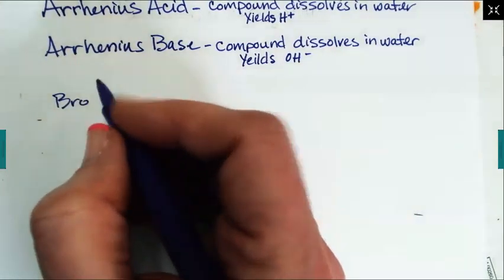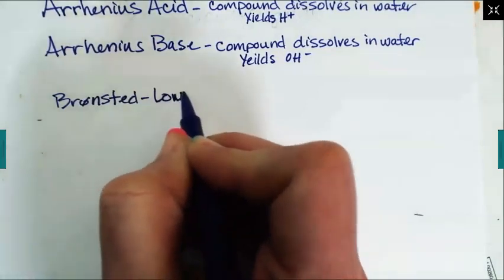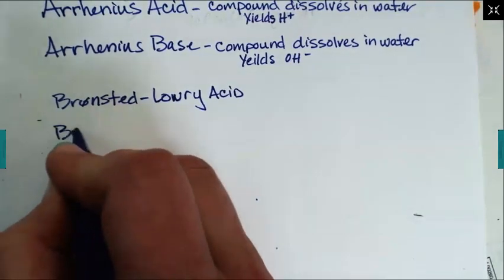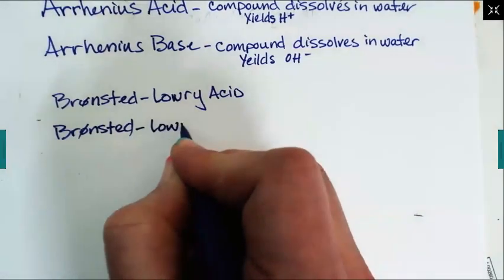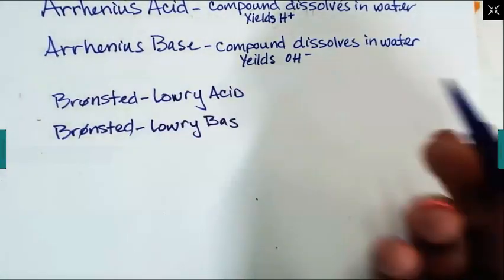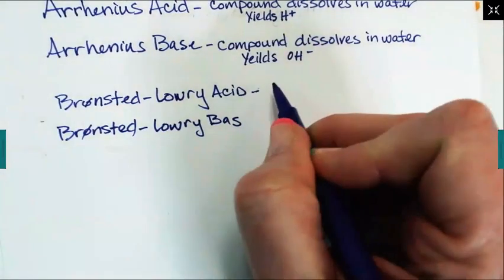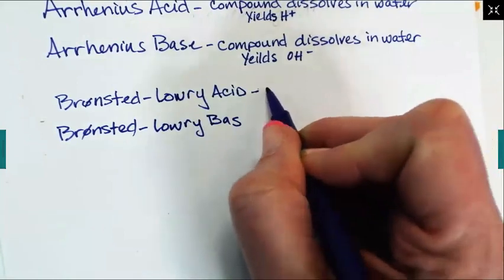And that is the Bronsted-Lowry acid. And a Bronsted-Lowry base. What does Bronsted-Lowry call an acid? Okay. Proton donors.